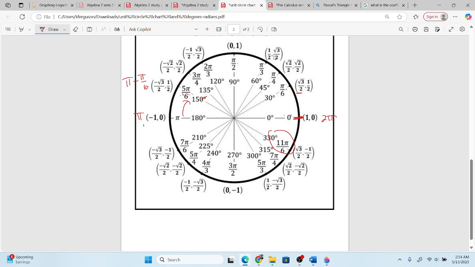So 180 goes to 150, minus 30 degrees. So pi minus pi over 6. Now if I'm trying to get to this point right here, where again my stuff is negative, that's 180 plus 30. So this one is going to be pi plus pi over 6, or theta. Well, neither of those are the one I want. I want this one. Well, that's 2 pi minus 30 degrees, so minus theta, or pi over 6. So that's my answer for the first one.